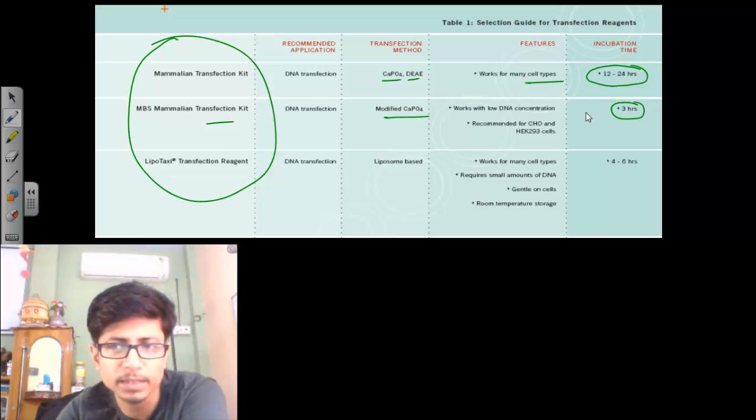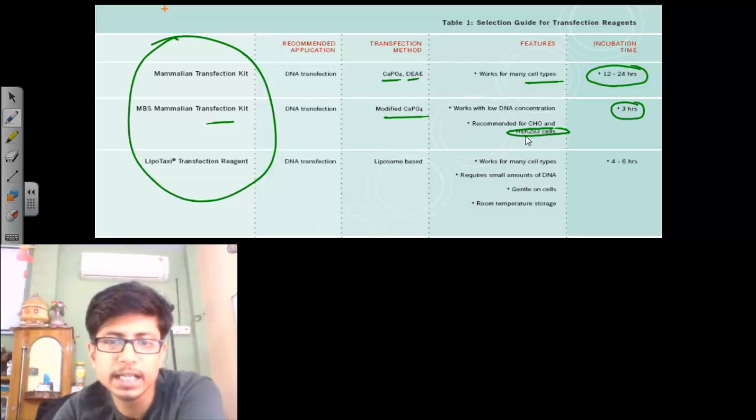It can take about 3 hours or more, and we can use it for HEK293 cells. This is a type of cell in mammalian cell culture, and in this kind of cell we use calcium phosphate mediated transfection. It takes 3 hours plus.